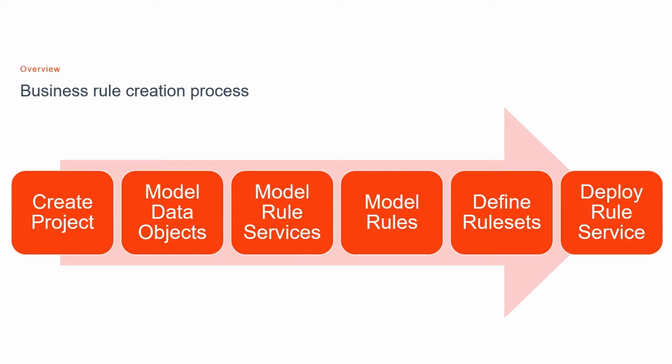So you add rule services to the project to define the interfaces to the outside world. Afterwards, you model your rules. So you add the business logic to your project. Then you define the rule sets, which is linking the business logic to the interfaces to the outside. And afterwards, you're releasing your project and deploying the rule services.